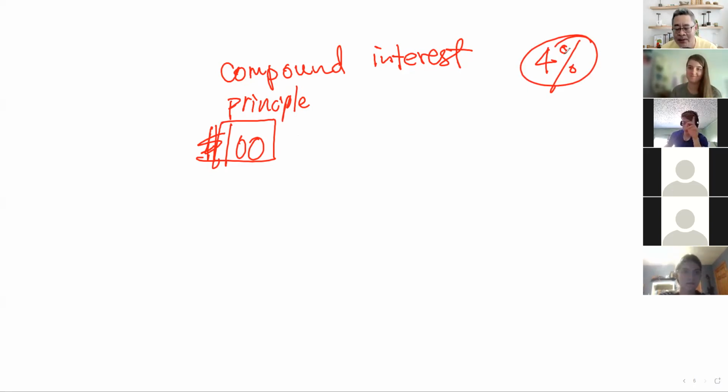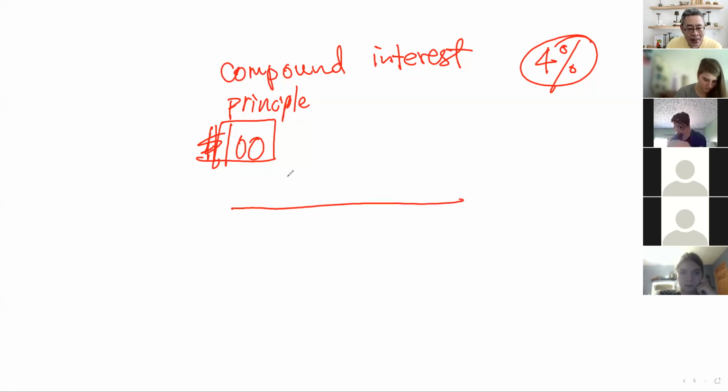What's the interest rate? You need to check, because nowadays it depends on where you bank. Some banks offer like 5%, and some banks probably give you 0.2. So very important. Let's say you got 4%, and your principal is 100.